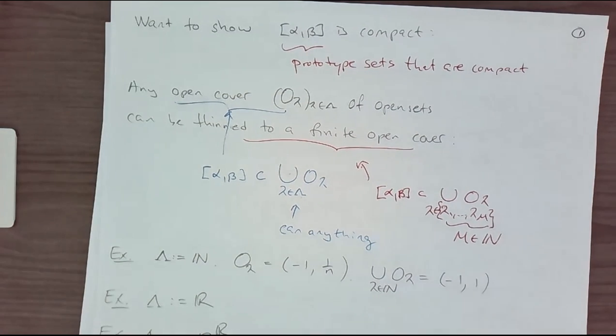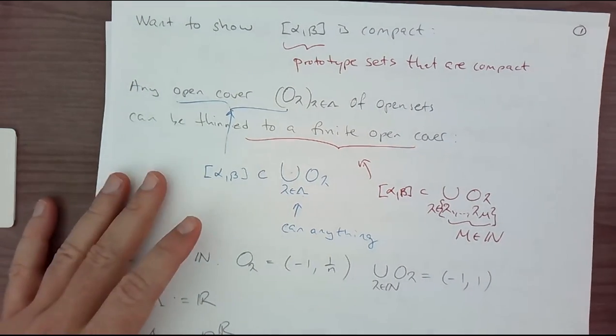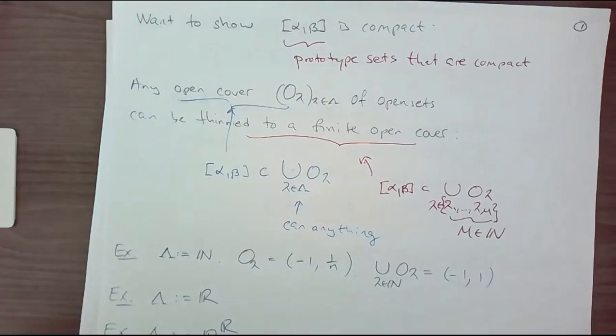We are trying to show that A to B is compact. That's right. So the starting point is to take an open cover of A to B and show that we can thin it.